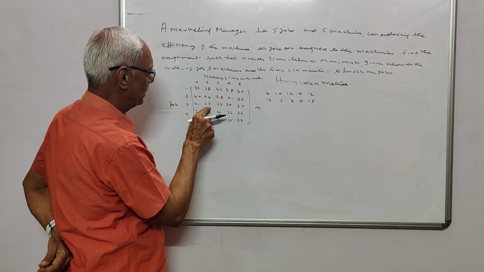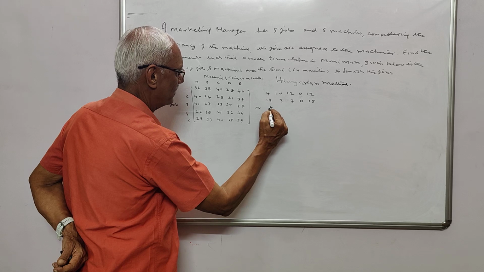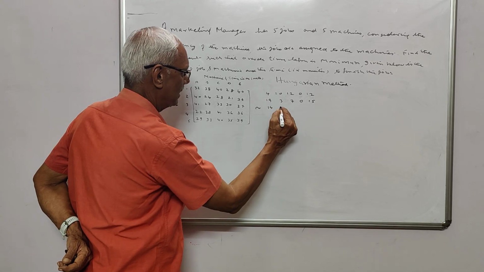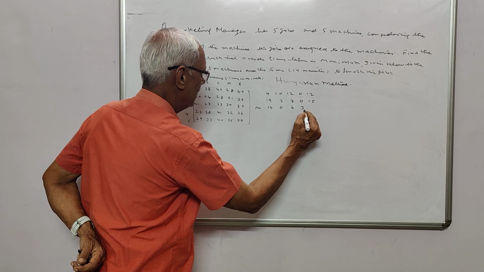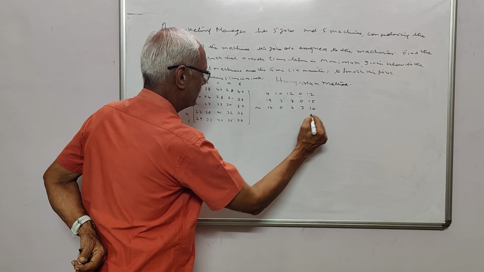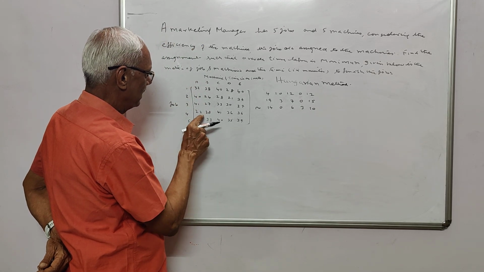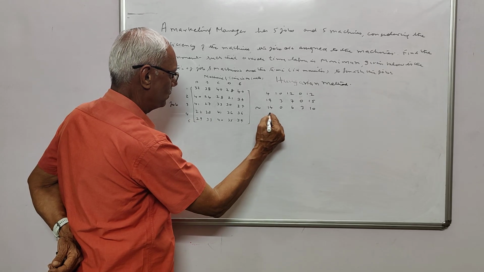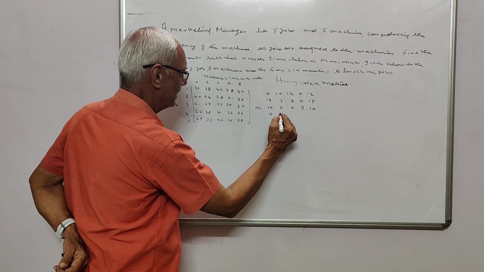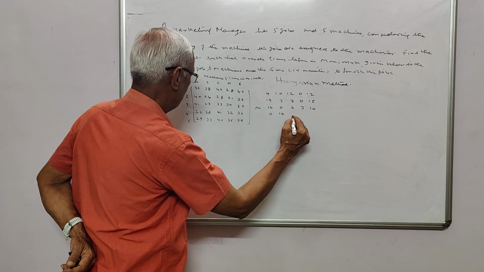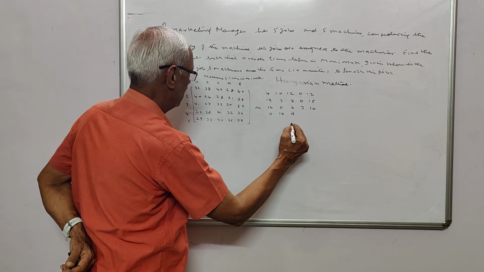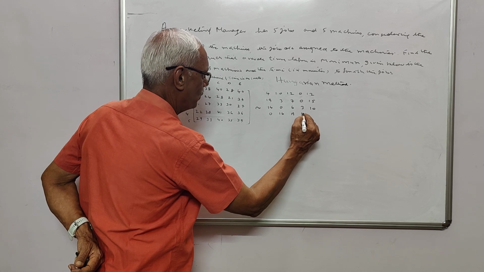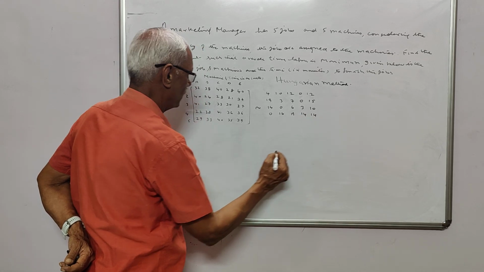Then go to the next one. Here the minimum is 27. 27 plus 4 is 31. So 4, first 10, 0, then this is 6, and this is 3, and this is 10. And go to this. Here 22 is the minimum, so 22 minus 22 is 0. Then this is 16, and this is 19, and this is 14, and this is also 14.